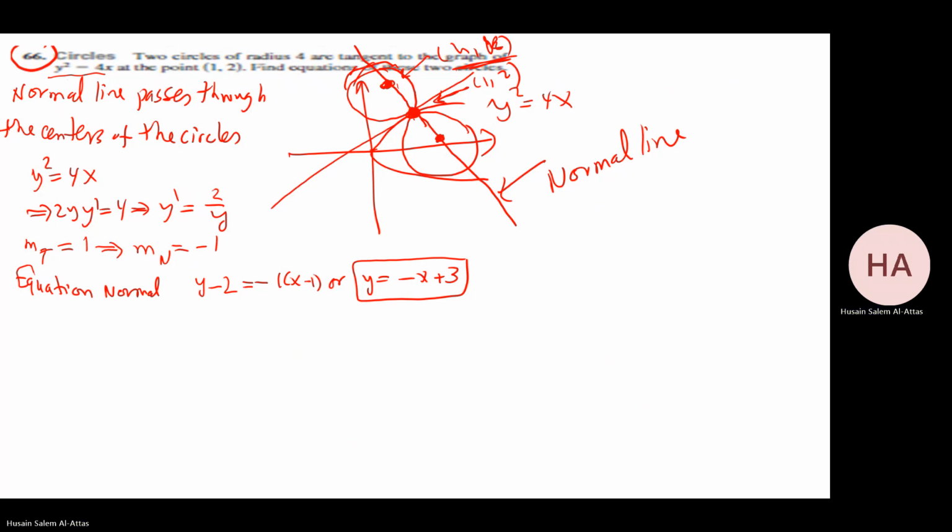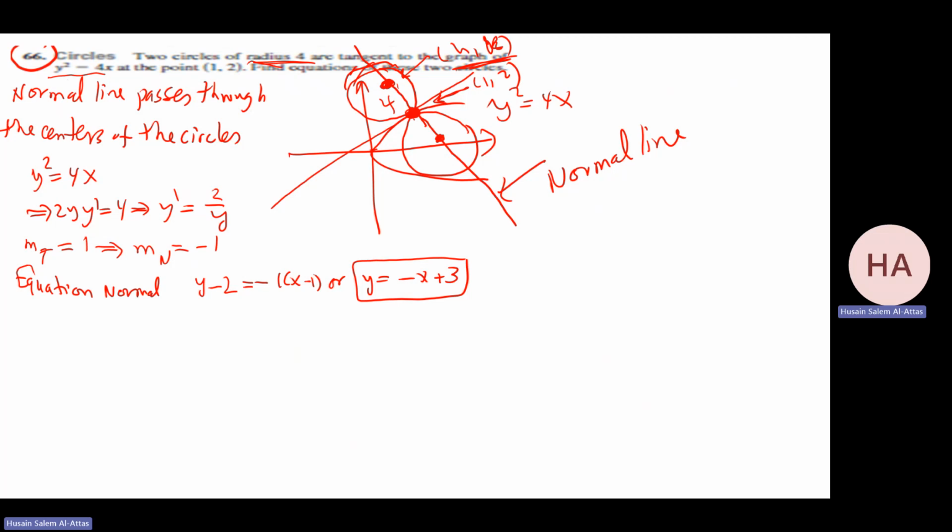Okay. Now I want to find the h and k. I know that the distance between the center and this point should be 4, since it says the radius is 4.